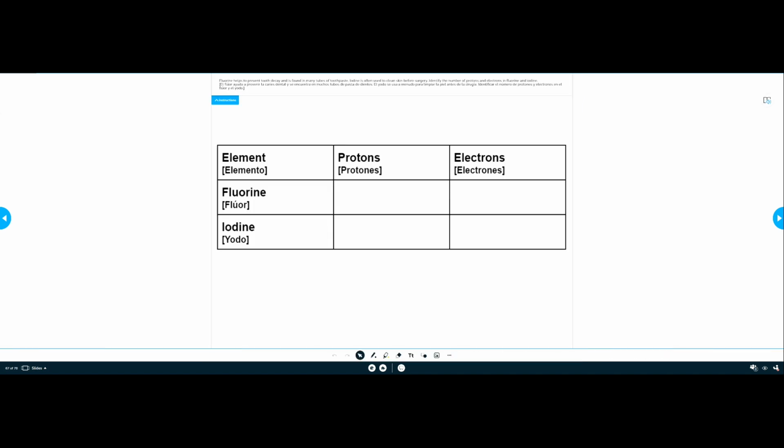Our next question is, fluorine helps to prevent tooth decay and is found in many tubes of toothpaste. Here is an example of some toothpaste. The term fluorine is not necessarily the spelling we see for toothpaste. We usually see fluoride.